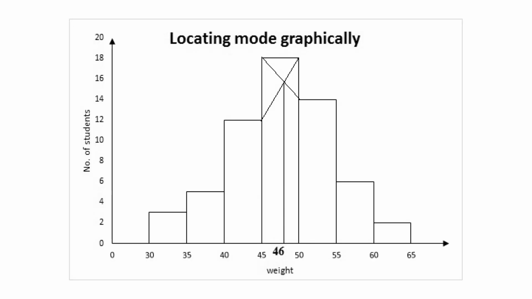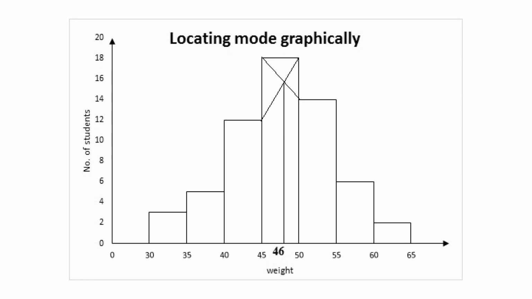As the first step, construct the histogram as discussed in Module 3. Now, observe that the bar with the maximum frequency is in the class 45 to 50. From the left corner top of the maximum frequency bar, draw a diagonal line to the left corner top of the succeeding bar, and from the right corner top of the maximum frequency bar, draw a diagonal line to the right corner top of the preceding bar.